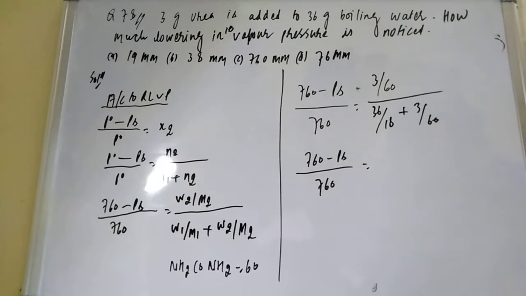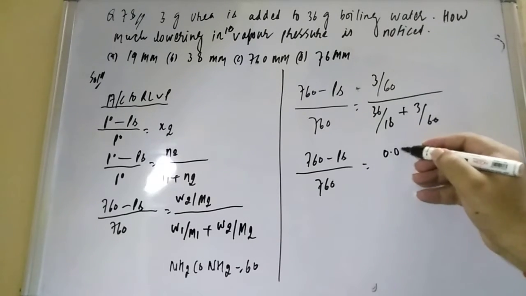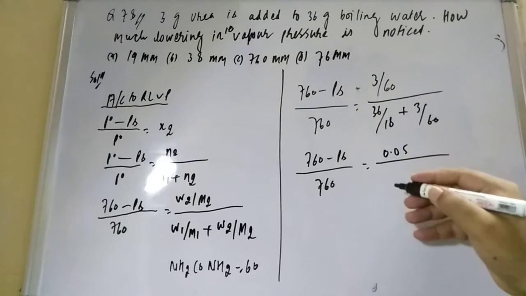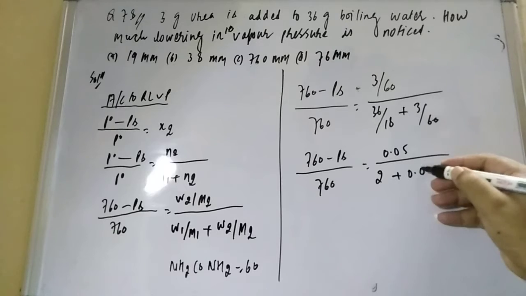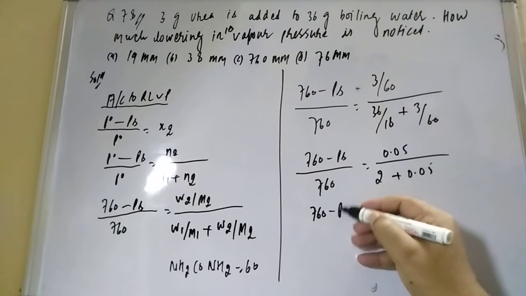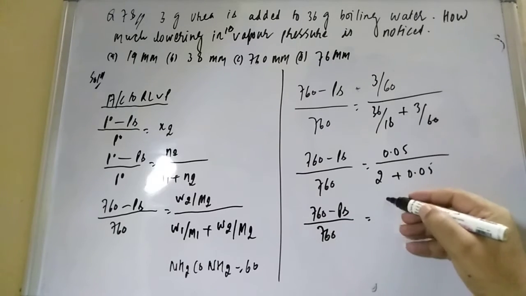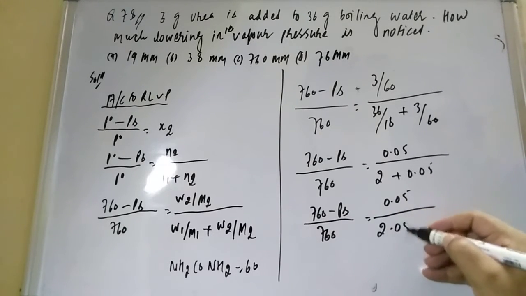When you are talking about 3 by 60, student, it is coming 0.05, divided by 18 3s are 54... 18 2s are 36, 2 plus 0.05. Again you simplify, 760 minus PS upon 760 is equal to 0.05 divided by 2.05.